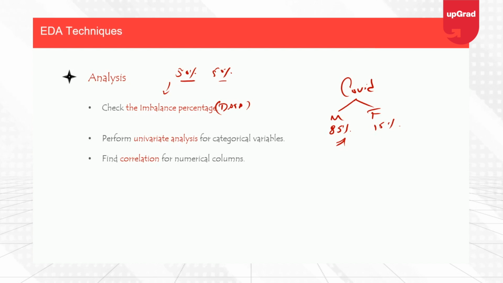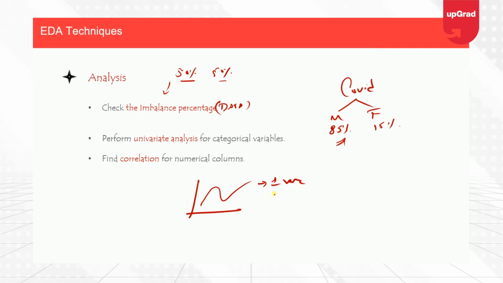For example, if you are taking only one attribute, only one variable for analyzing the data, that is univariate analysis.